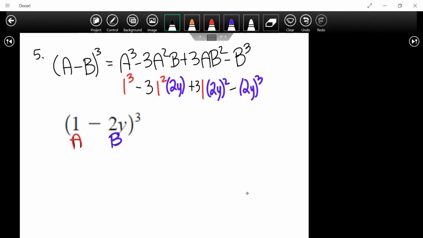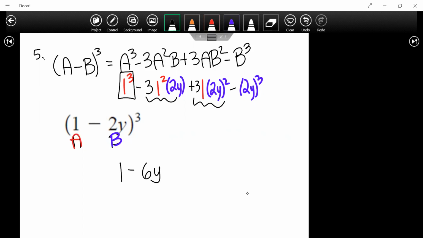All I want to be able to do now is simplify out. So my 1 to the third power is just going to give me 1. My term right here will give me minus 3 times 1 is 3, 3 times 2 is 6, so minus 6y. Then we're going to do our next term, which is squaring it, which is 4y squared.